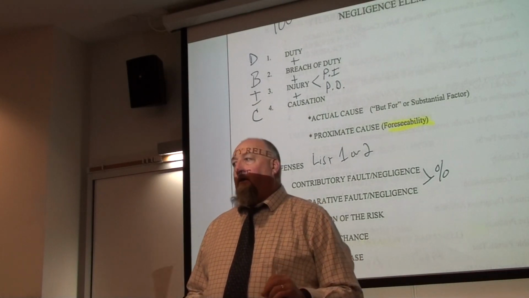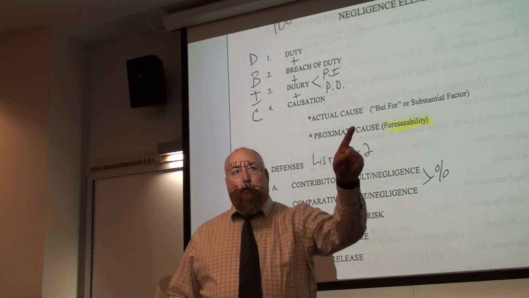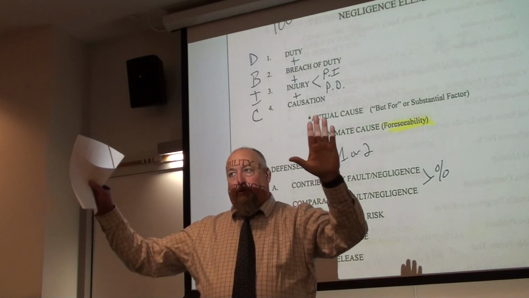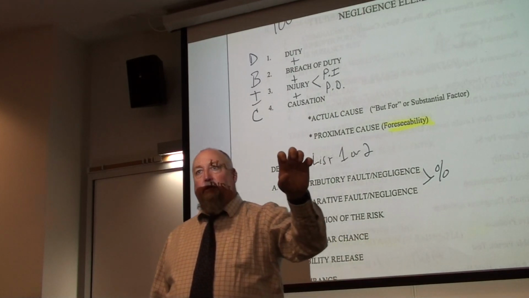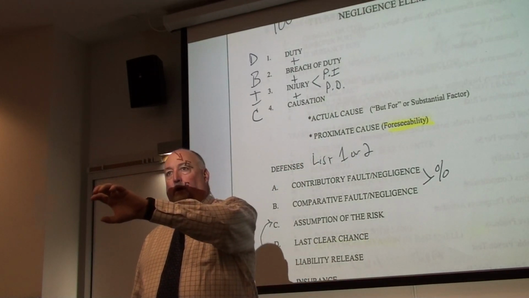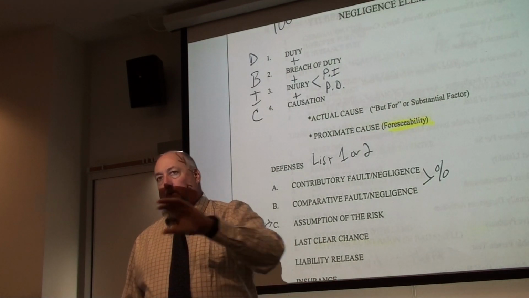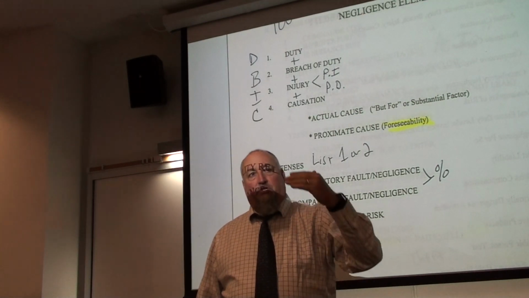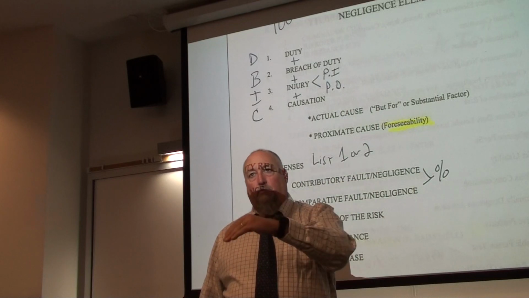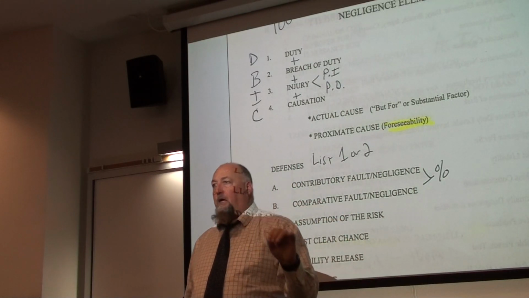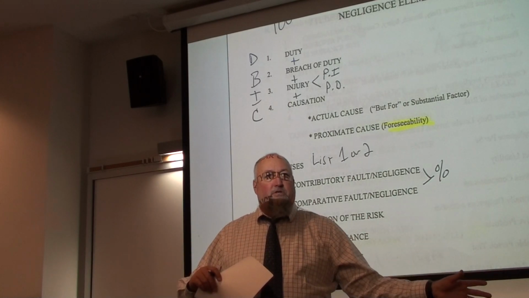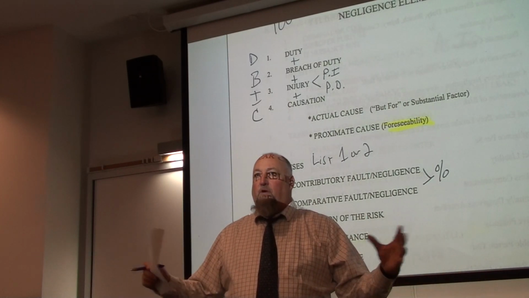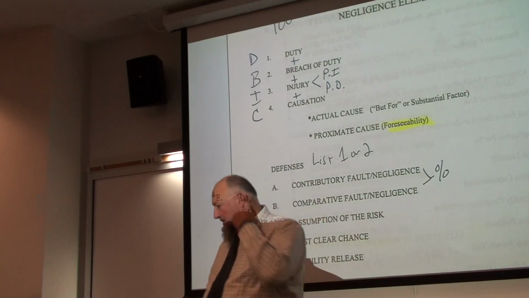We mean that the breach of duty, the injury, that there was a link between what you did wrong and the harm that occurred. There must be established a link between those two. If there is no link, then even though you have an injury, even though you have a breach of duty, there's no negligence because you don't have all four elements working together.